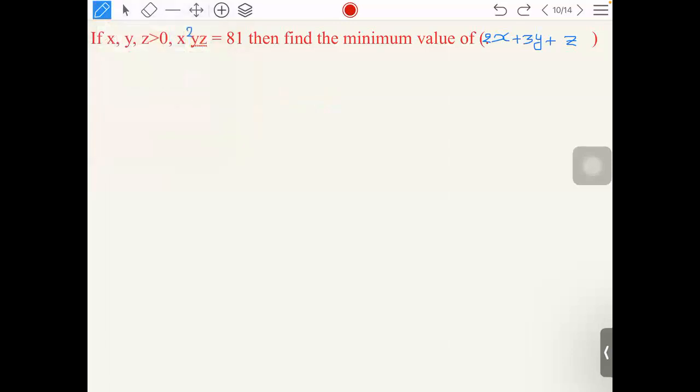In this question, again, x, y, z are positive numbers and x square y z is given to us as 81. We need to find the minimum value of this. The minimum value we can write as x plus x. This 2x can be written in this form because we have x square here.